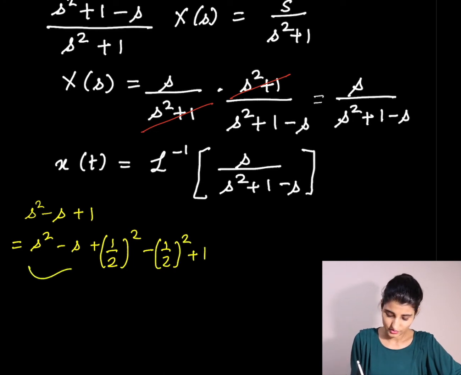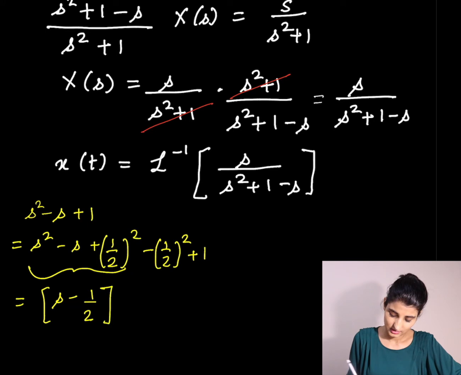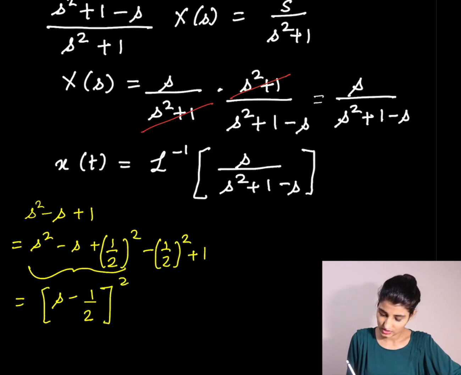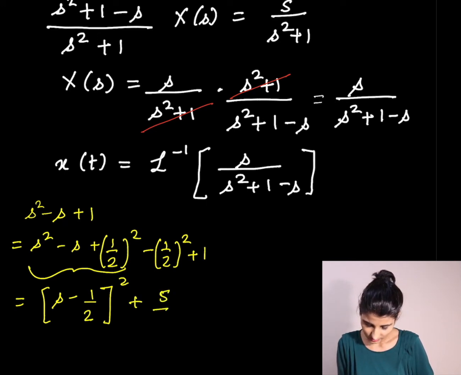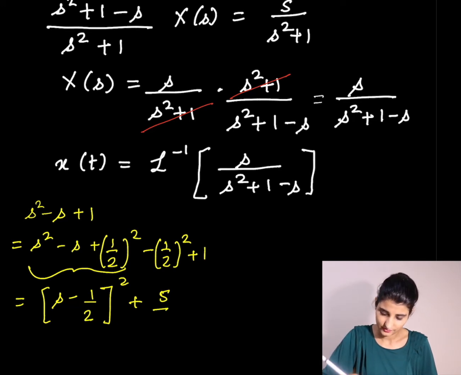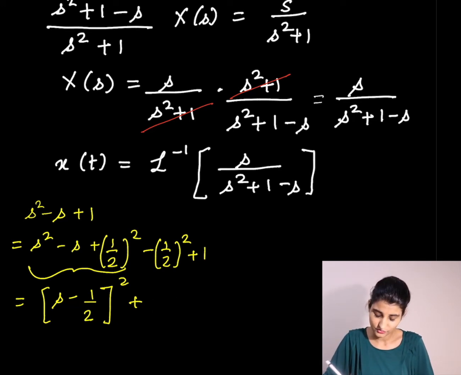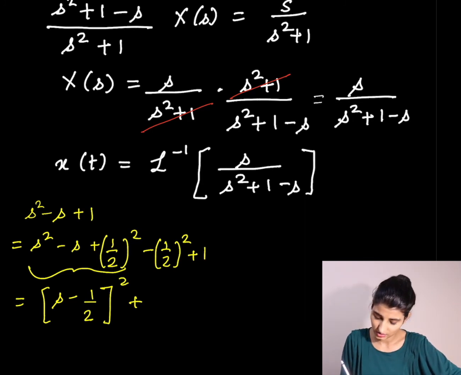So from the first three terms we get s minus 1/2 square, and from the remaining terms we get negative 1/4 plus 1.